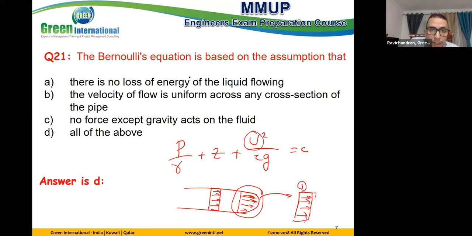For the Bernoulli equation, the velocity is considered as a uniform velocity. For the real one, we put V bar, which is the average velocity. We also put something called alpha, which is a correction factor for the velocity, and so on.